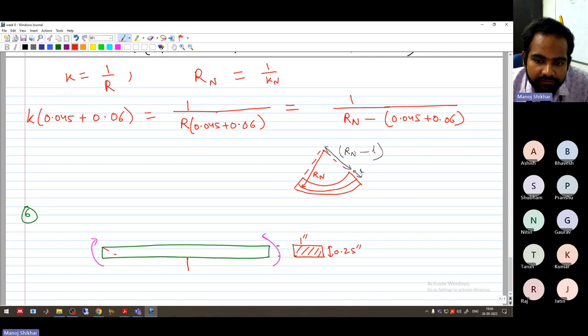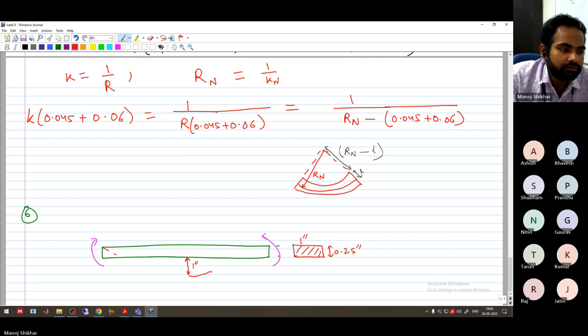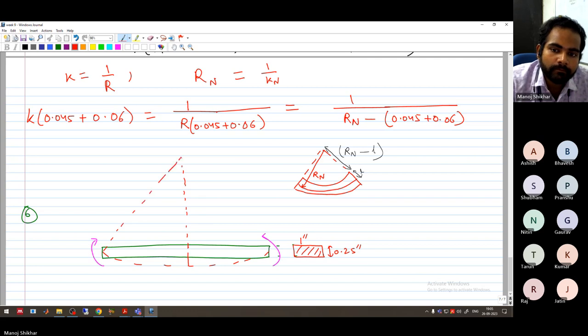The central point has deflected by 1 inch. So this deflection is 1 inch.